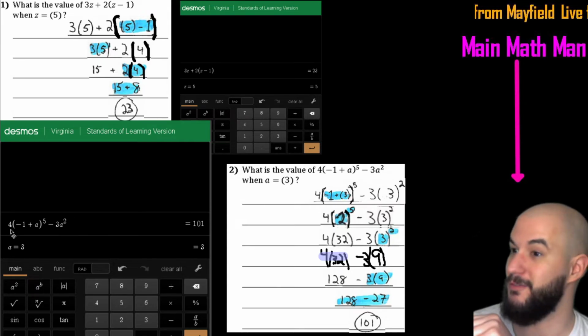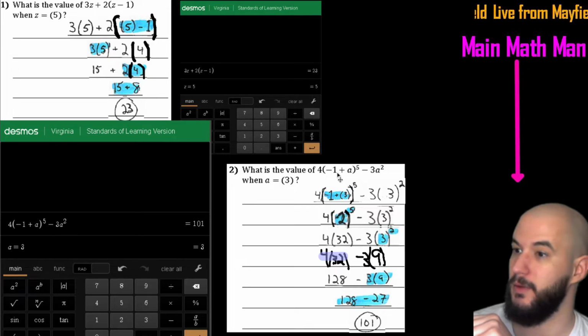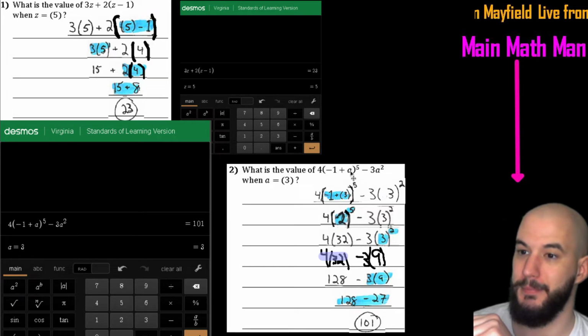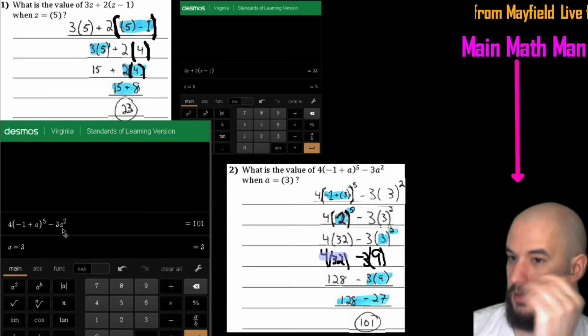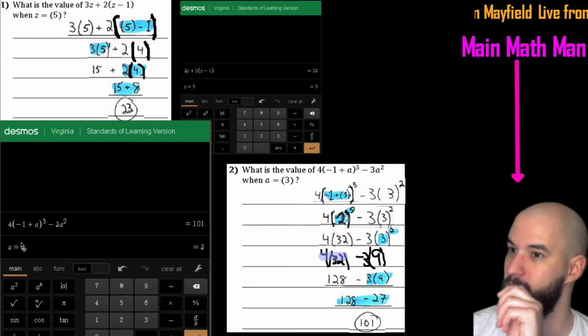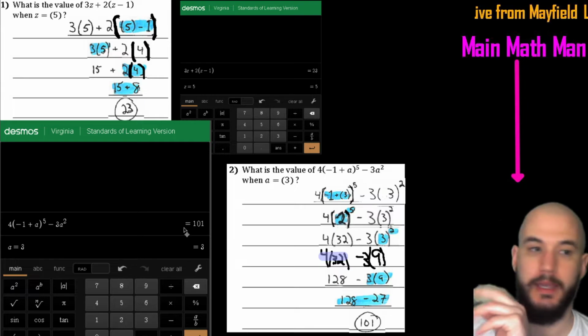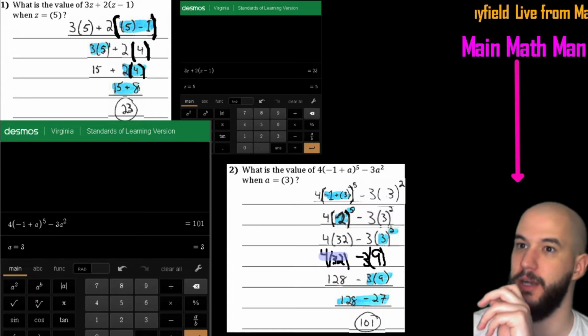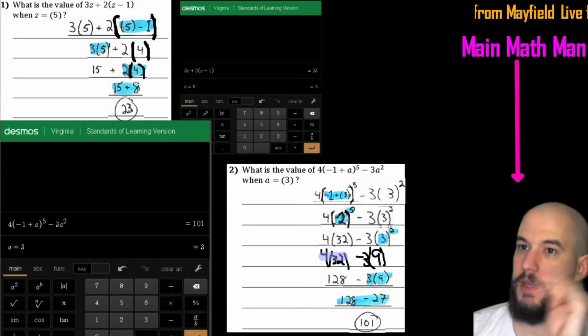Okay, you have 4 times the quantity -1 plus a to the 5th power, and I have minus 3a squared. Again, hit enter to start a new line, and define your variable as a equals 3. Once you do that, you have that simplified expression in there. Next two.